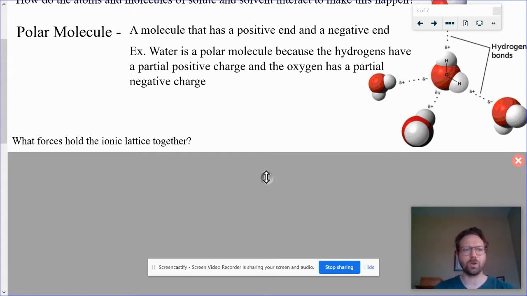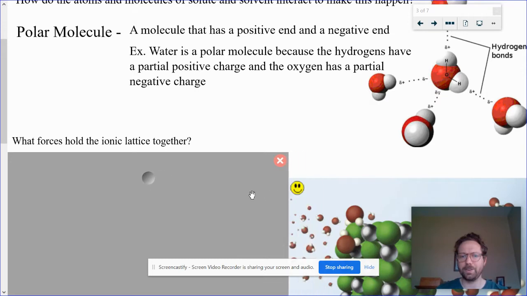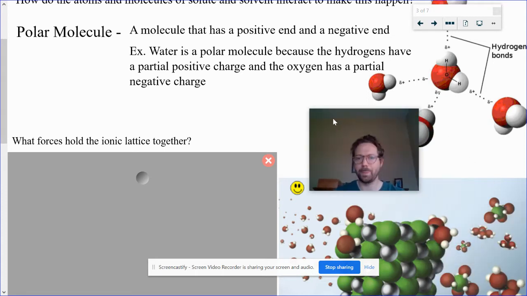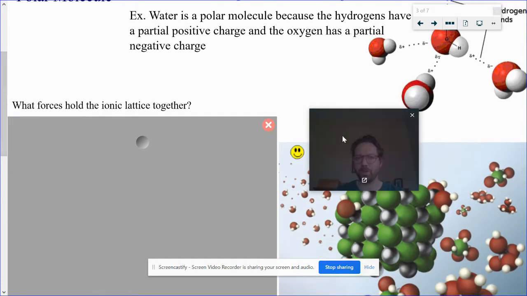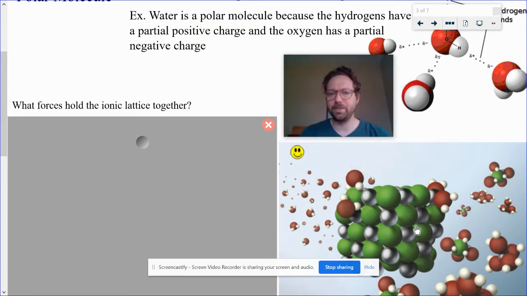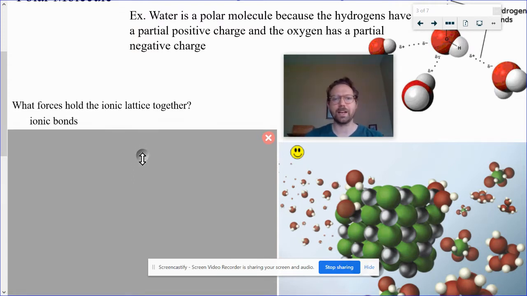So what forces hold an ionic compound together? An example of an ionic compound is something like this. As you can see, and I'm blocking it, this is an example of something like sodium chloride, right? So what holds those ionic compounds together? Well, it's ionic bonds.